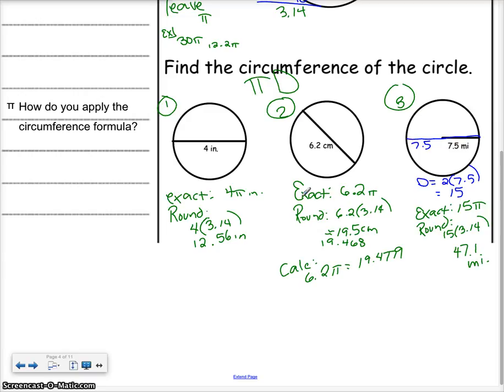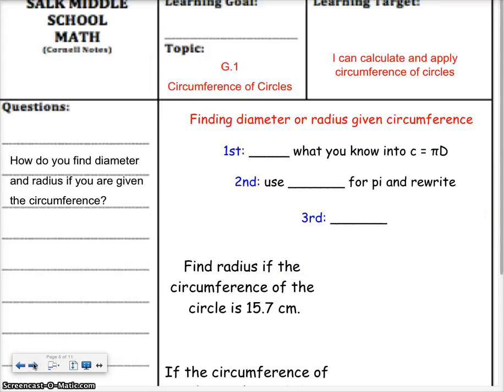Okay, so keep in mind that what we do with circumference is we multiply pi and the diameter. Pi is either 3.14, pi could be exact as the symbol, or our calculator's pi, which is rounded, I think, approximately 9 places. The next thing we're going to do with this is work backwards. So all of this is working backwards.